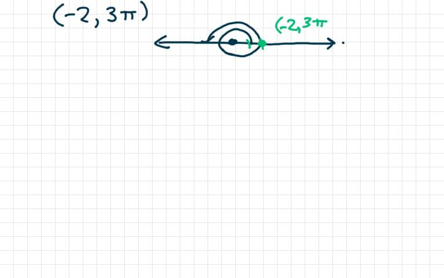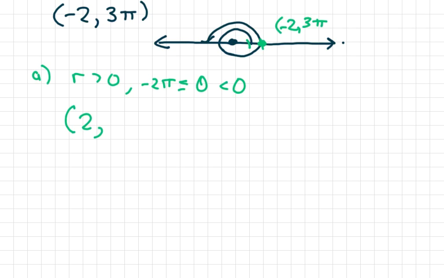Now the first thing we want is for r to be positive and that our theta is in between negative 2 pi and 0. So when r is positive, we have 2. And then we have to figure out how we're going to get to this.